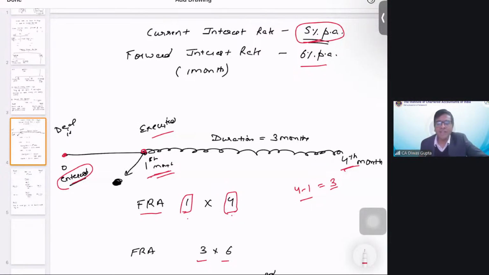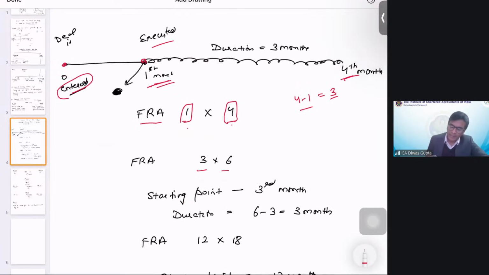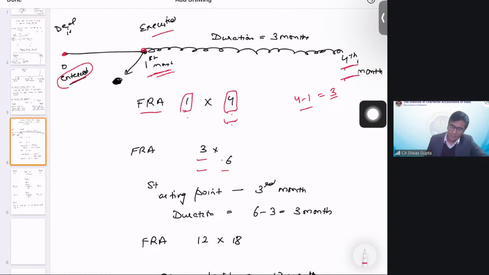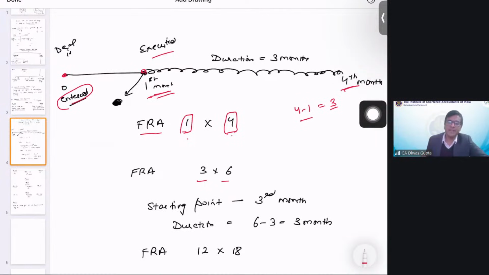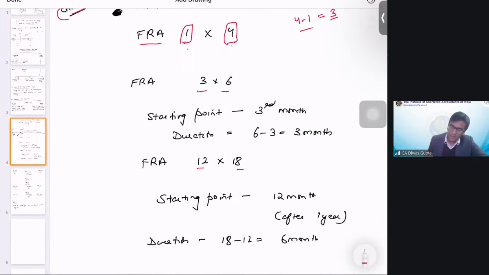So this will start after 3 months and the duration will also be 3 months. So 3 by 6. Then FRA 12 by 18, students, again with similar logic. After 1 year, after 12 months it will start, and it will continue for 6 months. Clear?